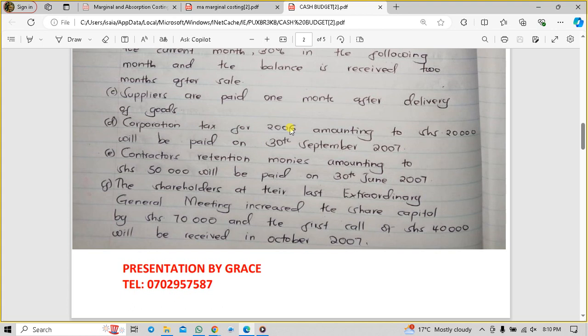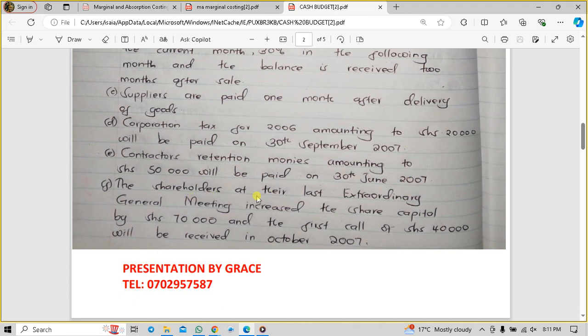Corporation tax for 2006 amounting to 20,000 will be paid on 30th September 2007. So for tax, we are going to pay in September. Contractors' retention monies amounting to 50,000 will be paid on 30th June.